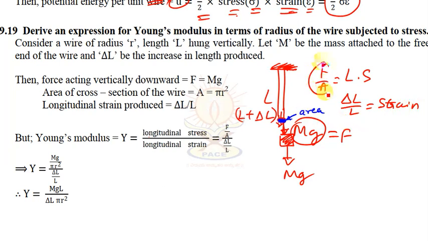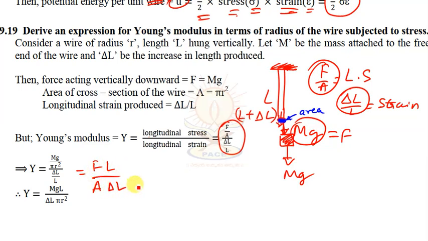So now divide F divided by A by delta L by L. Okay, so that is what I did here, F divided by A and delta L by L. So that is equal to what? It will be F into L divided by A into delta L, right? So now use some significant letters. So F is mg, which is the weight that we suspended here.